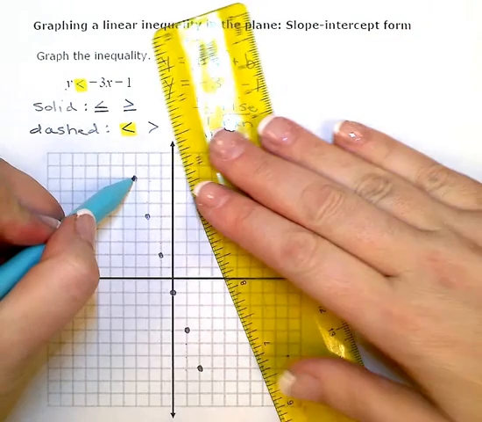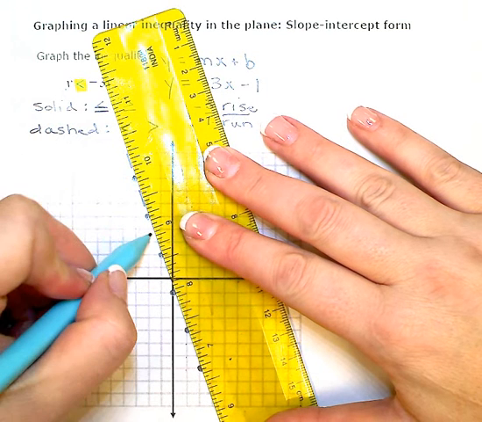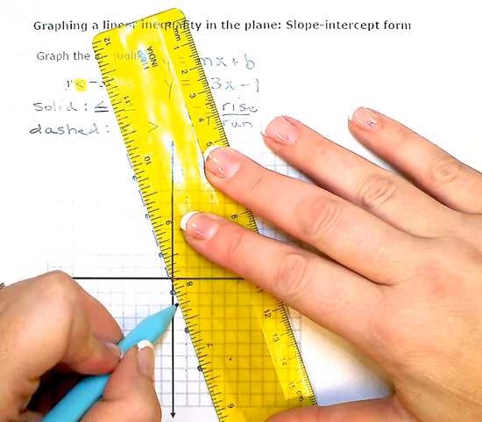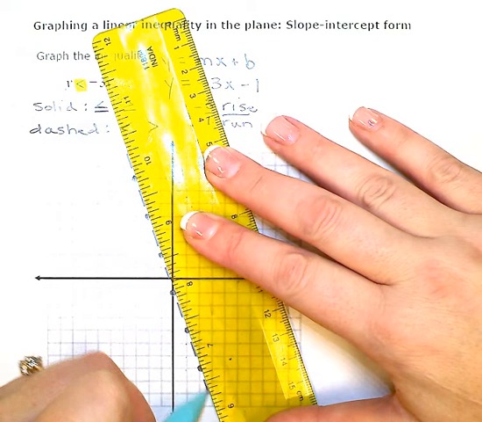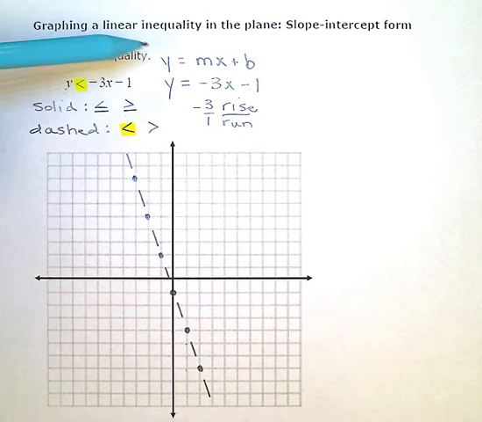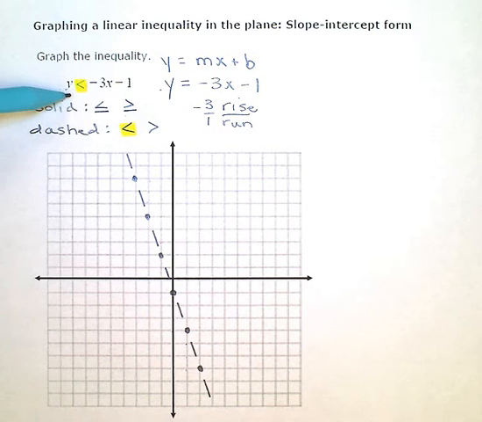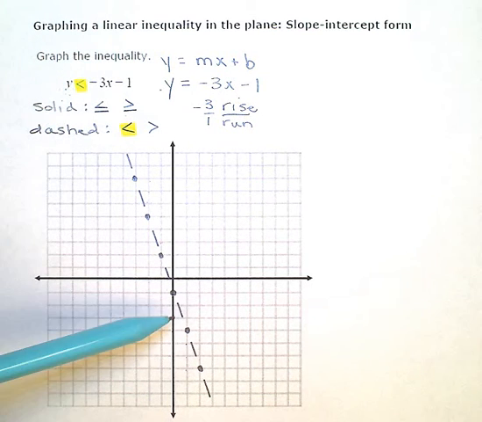So I line up my ruler and put dashes in between the dots that I already have there. So there's my boundary line. I graphed the line y equals negative 3x minus 1, but because my inequality is a strict less than, I made it a dashed line when I drew it in.